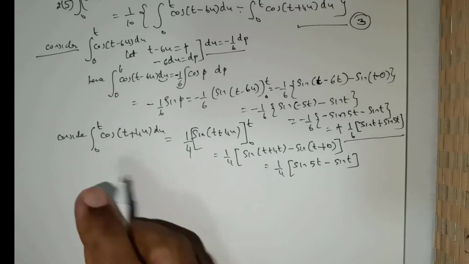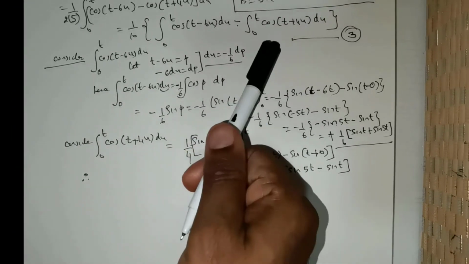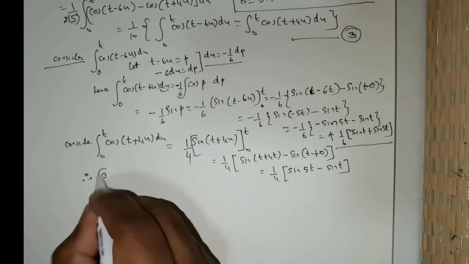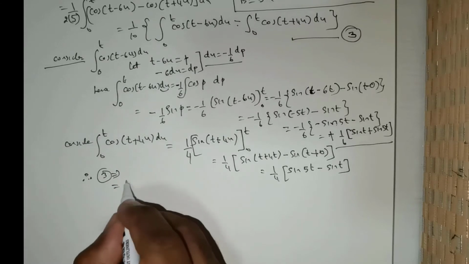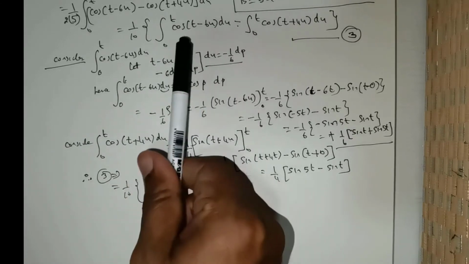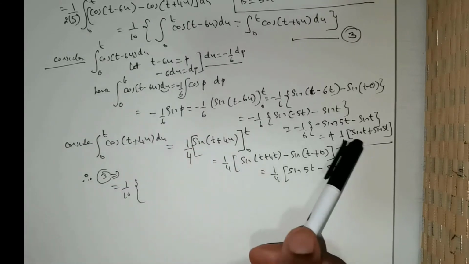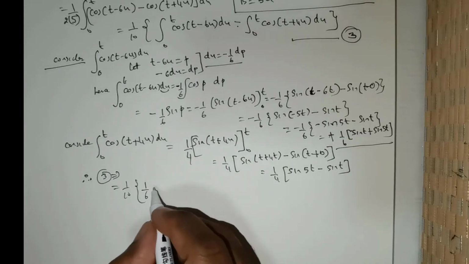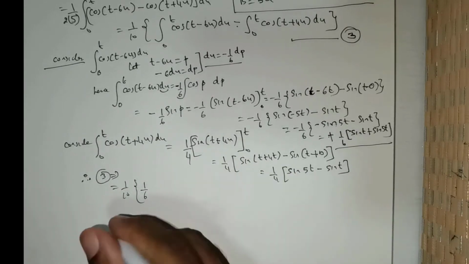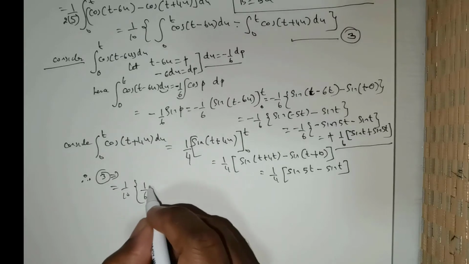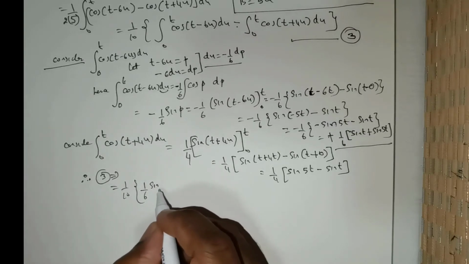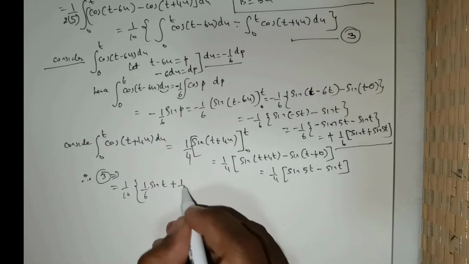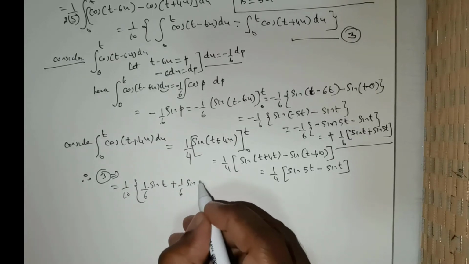So I need to put these things into the original I3. Therefore my I3 is going to be 1 over 10, and in place of this I need to substitute this. So this is going to be 1 over 6 of sine t plus sine 5t. I'm going to rewrite it like this: 1 over 6 times sine t plus 1 over 6 times sine 5t.